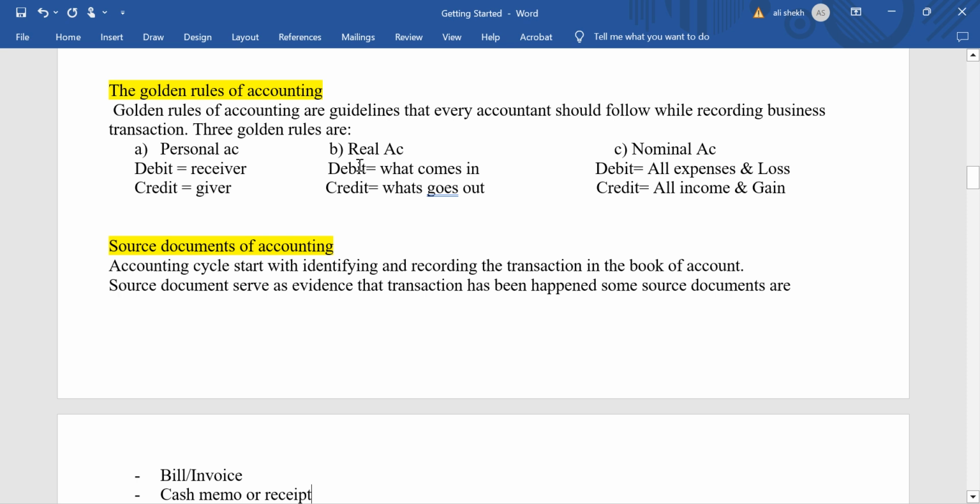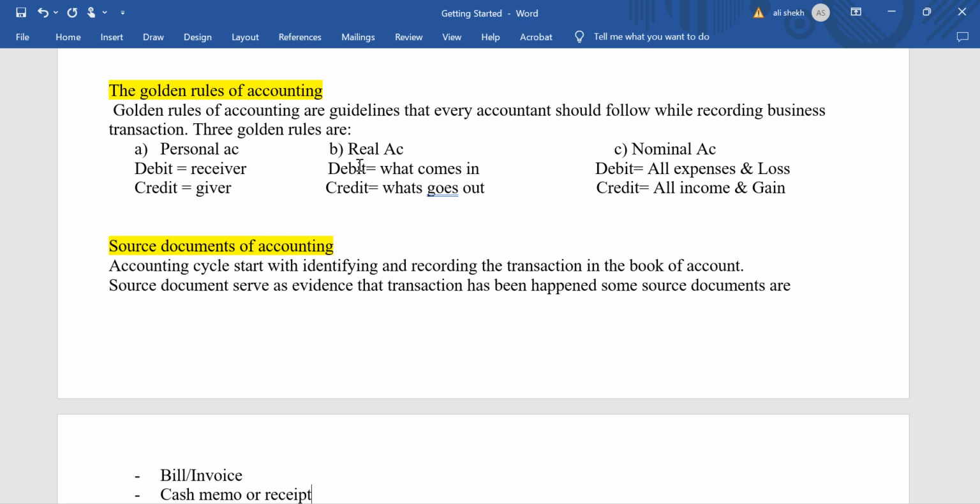Okay, next is golden rule of accounting. Golden rules of accounting are guidelines that every accountant should follow while recording the transaction.